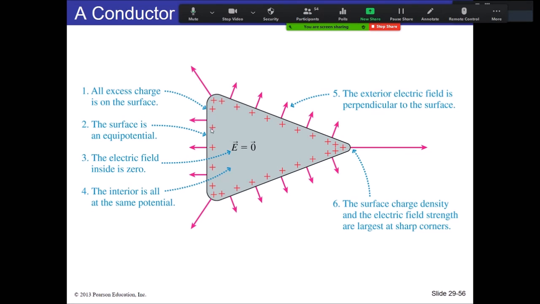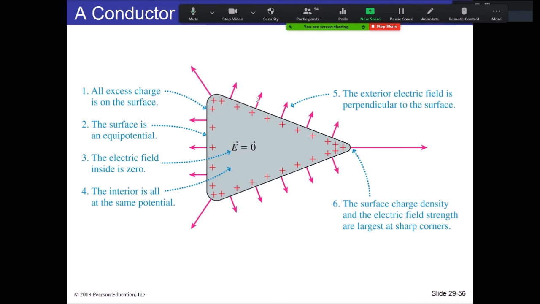The surface itself is an equipotential. In fact, the shape of the conductor is the shape of the equipotential. Everything on the inside has the same value of the potential. And then as you go outside of it, there's an electric field. The potential starts to decrease if we have positive charges like you see here. If you obviously have negative charges, it will be different. The electric field will point in, okay?